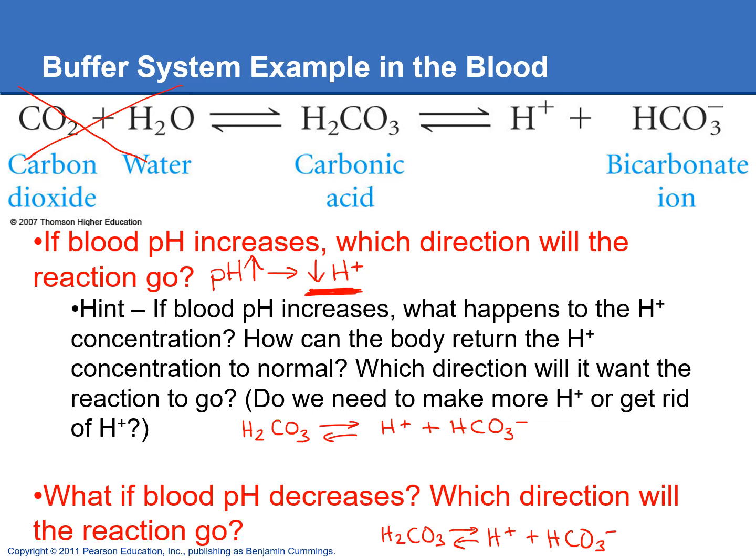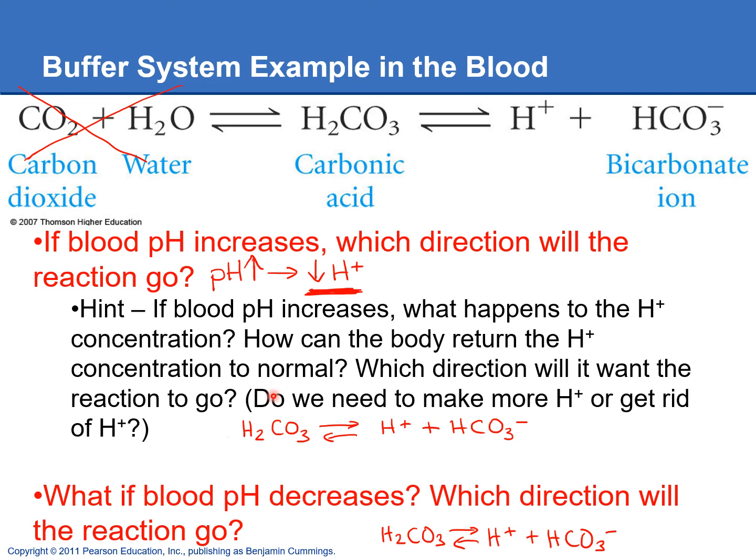What I did on the bottom here is I rewrote this just so we could look at it again. We could either make this reaction go to the right, which means we would take the carbonic acid and it would fall apart and make more hydrogen ions and bicarbonate ion. Or we could make it go to the left and end up over here, and there'd be no hydrogen ions over there.